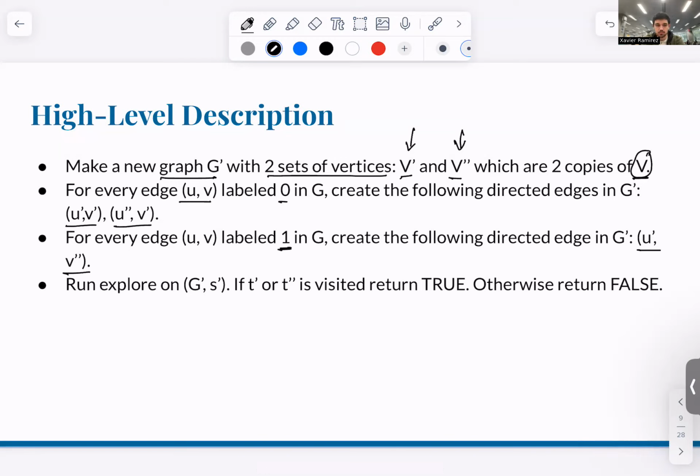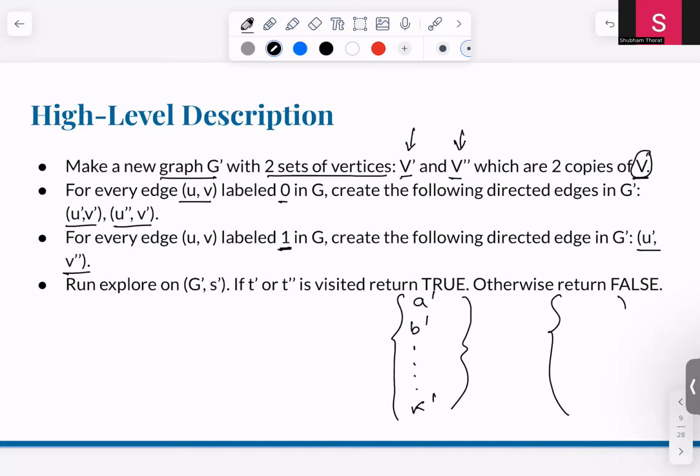If you want to imagine it, you can imagine it like this. We basically have two sets. This one is, let's say, A prime, B prime, some K prime. And here we have A double prime, B double prime, all the way till K double prime. If the label is 0, we simply connect in this fashion, going from here to here.